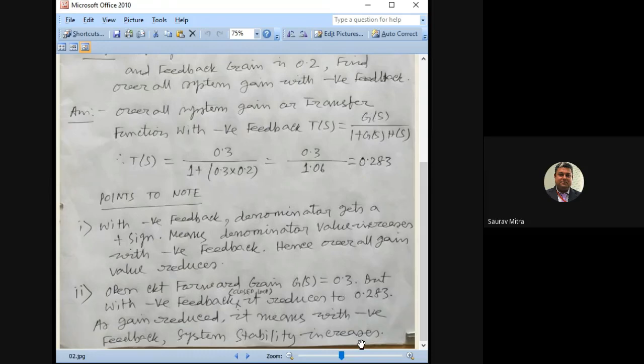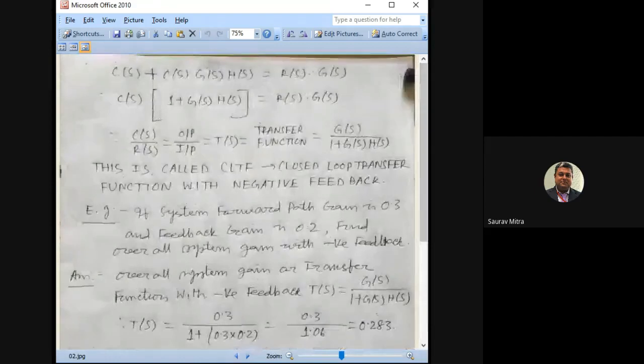So negative feedback is reducing the overall gain of the system, and reduction in gain is increasing the stability of the system. So negative feedback is increasing stability. If they ask you to explain it in the exam or in the interview, please take this example, and choosing the values is very important. I have chosen G(s) as 0.3 and H(s) as 0.2.